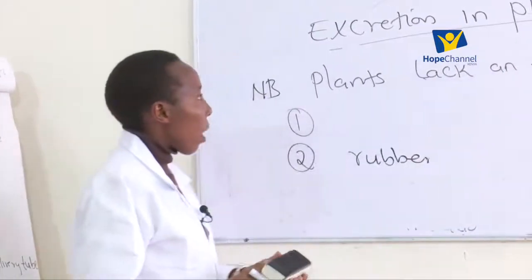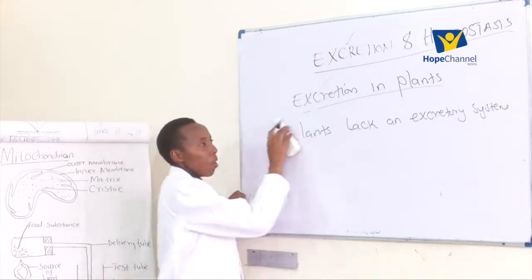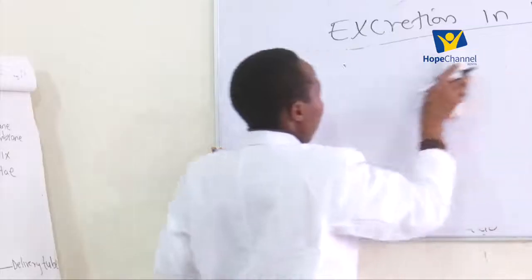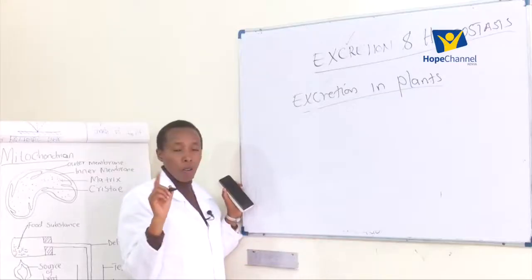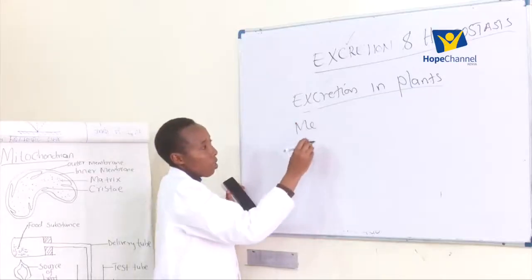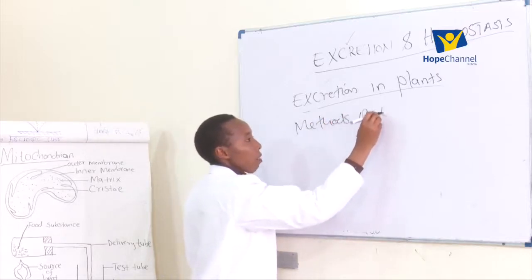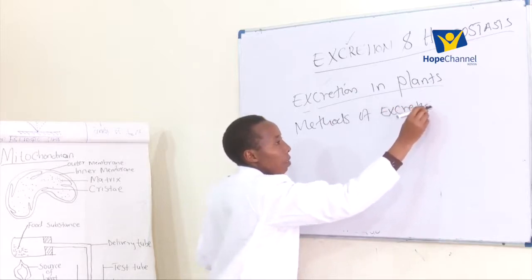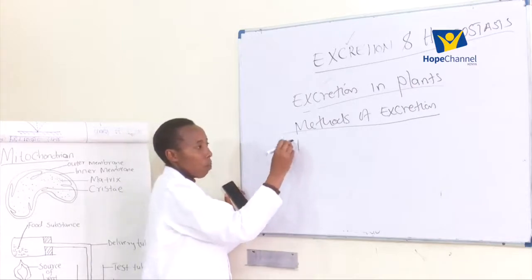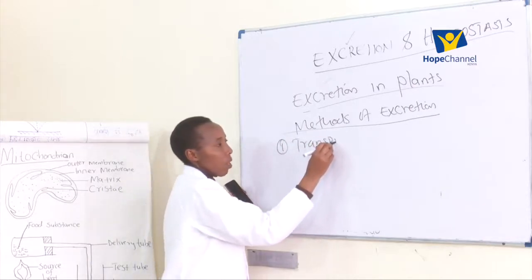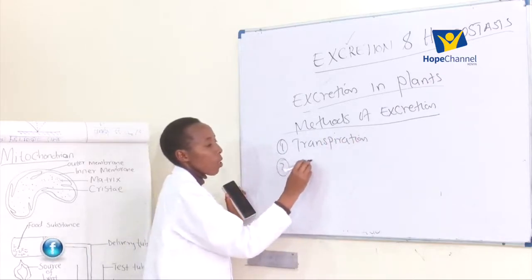So the next question we answer: which are the methods of excretion in plants? We have 5 methods of excretion. I'm going to list them, then we'll discuss. Number 1, we have transpiration. Number 2, we have guttation.